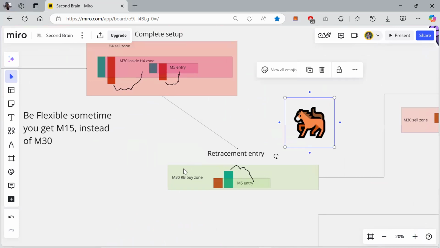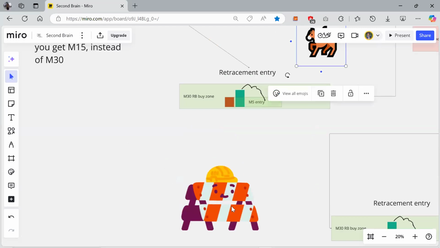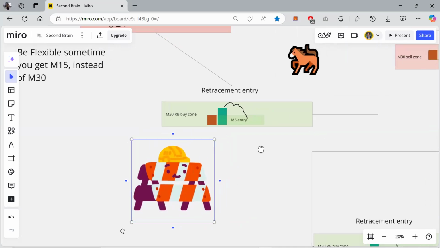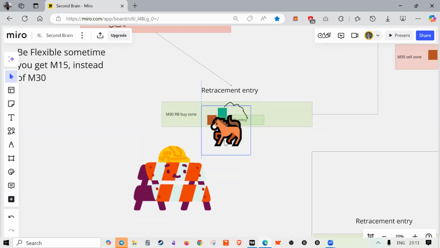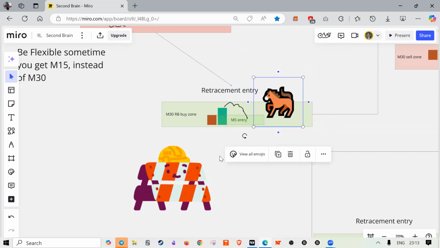Okay, when the price is falling, we mark all the M30 roadblocks. Okay, so roadblocks like this, the road is blocked. They are working on it, and the horse sees, okay, there is a block. I cannot go much farther. When the horse is waiting here and he cannot go much farther, there is something on the road.